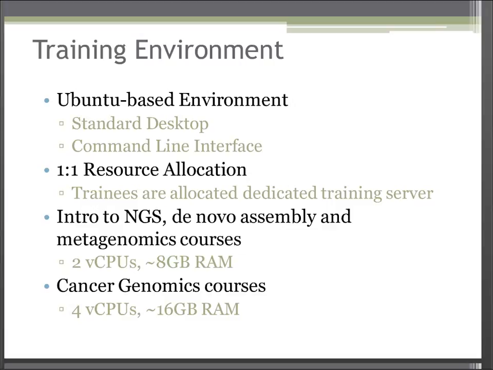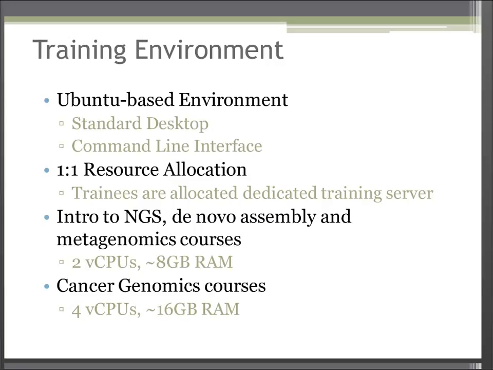So when there is a training workshop happening, the administrators and organizers of the training workshop allocate 1:1 resource allocation for the users. So each user will get access to a dedicated training VM. And also, all the training modules are prepared and automatically installed into this training environment.